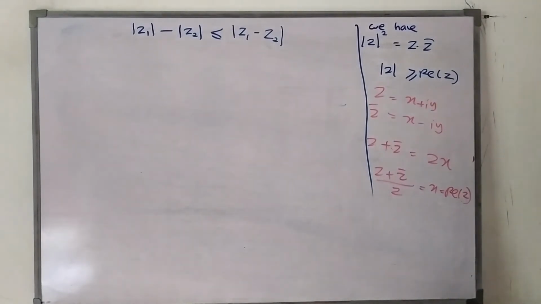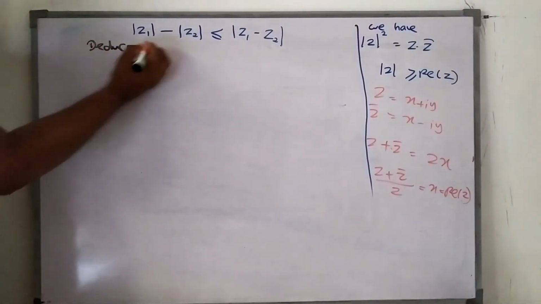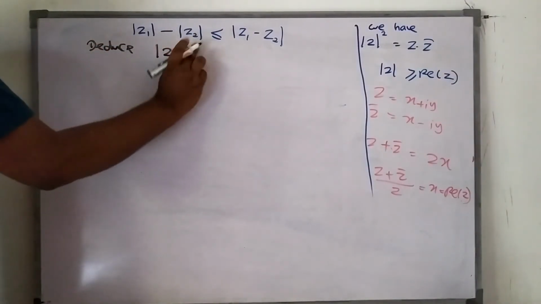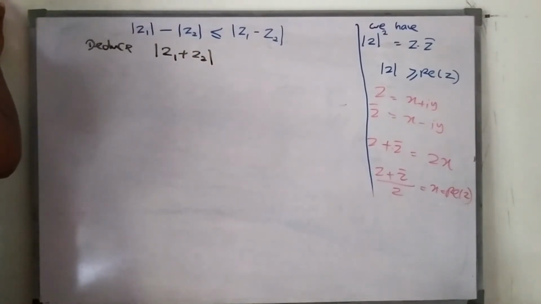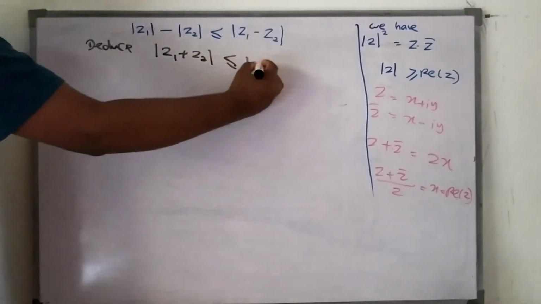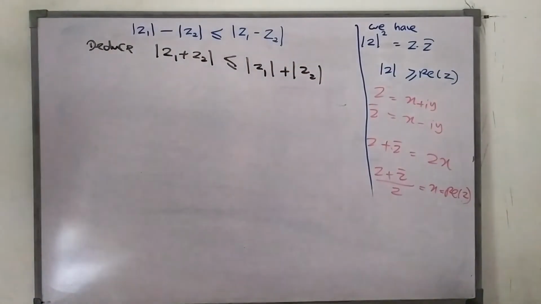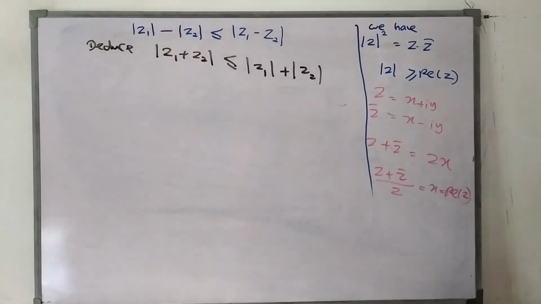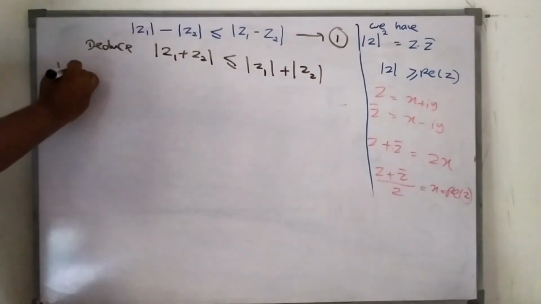Then after, we have to deduce something, right? |z1 + z2| less than or equal to |z1| + |z2|. We have to deduce that. How to deduce that? Using the previous result.